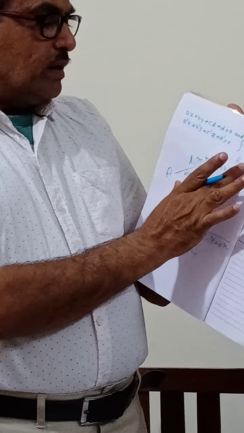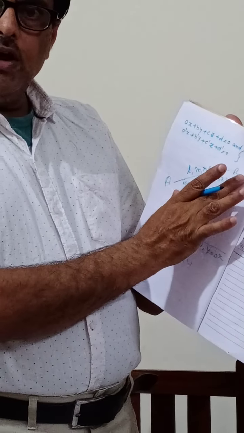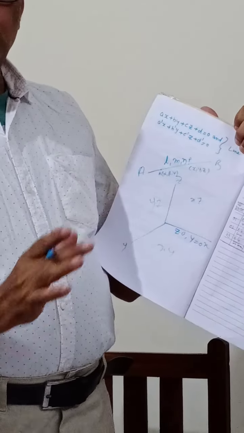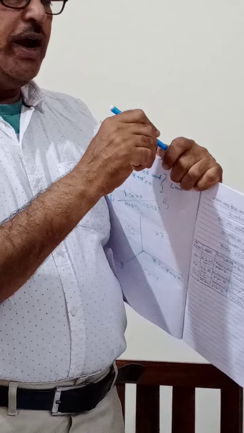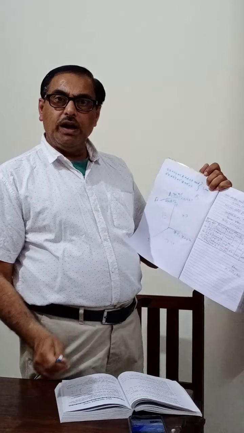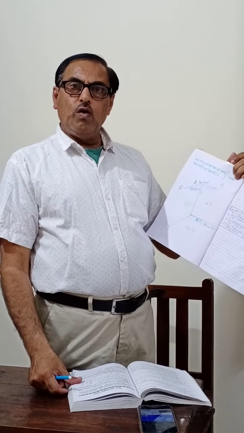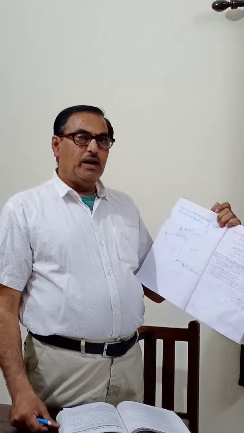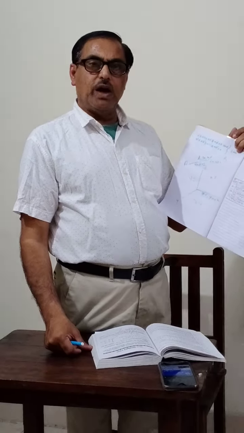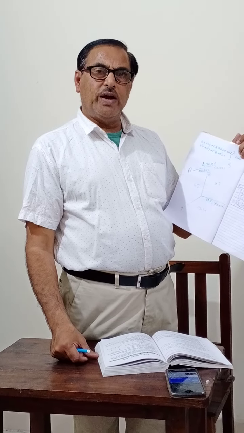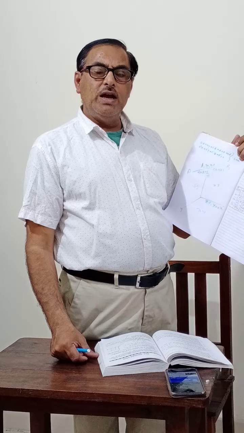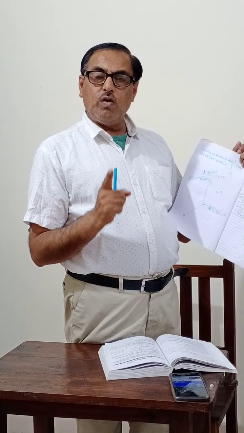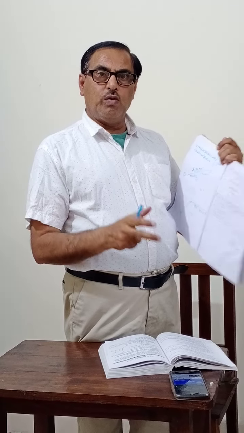And the direction cosines of AP are l, m, n. We know that direction ratios and direction cosines are in proportion. So we get (x minus alpha) upon l is equal to (y minus beta) upon m is equal to (z minus gamma) upon n. This is the equation of a straight line in symmetrical form.